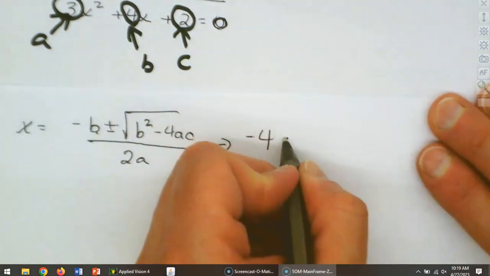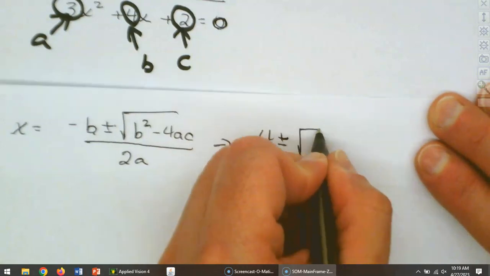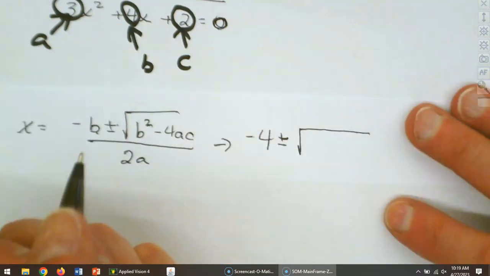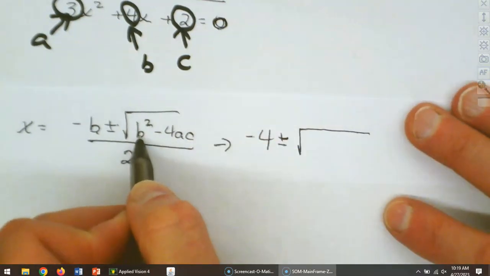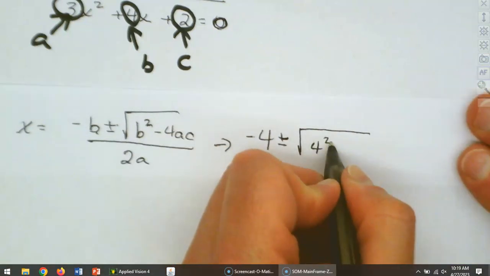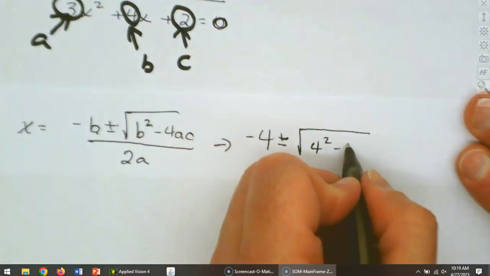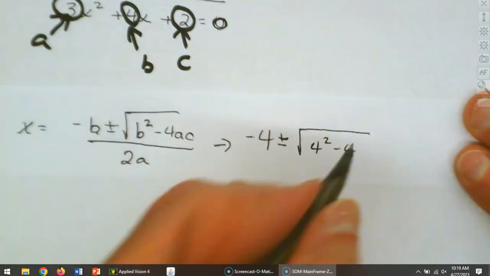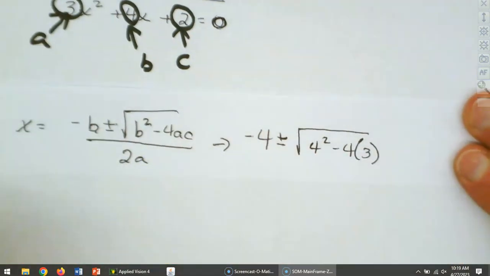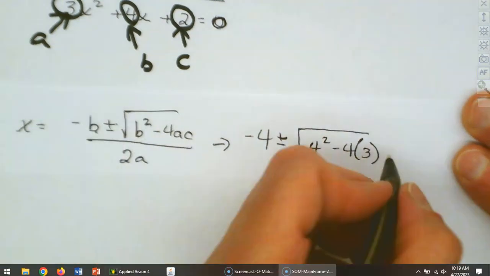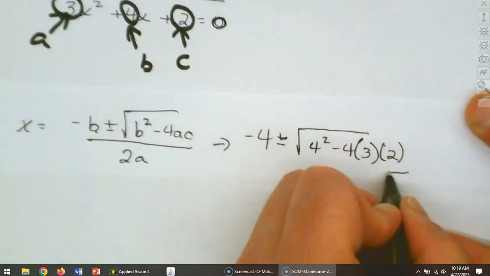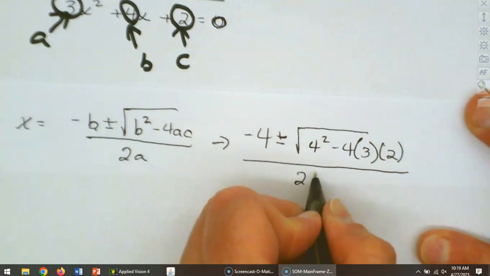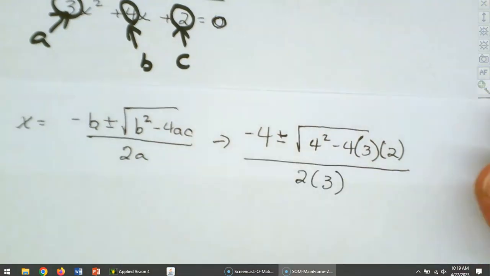Then we have a plus or minus. We have the square root then of b squared, so that is 4 squared. Then we have a minus 4 times a, which is a 3, times c, which is a 2. And that's all over 2 times your 3 there.